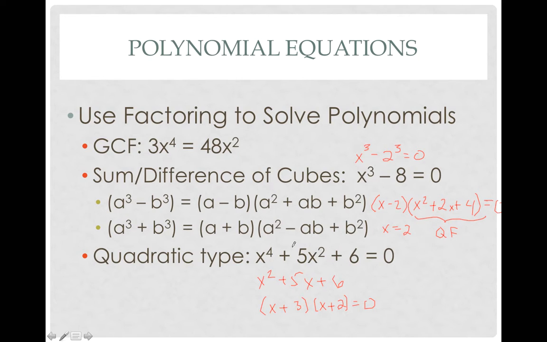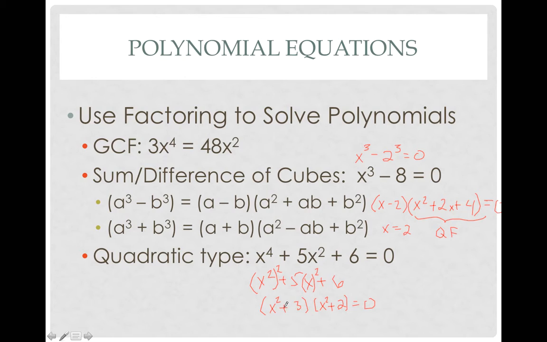Well, in this case, this is actually not x to the second. It's actually x to the fourth, which is actually something squared plus 5 times something plus 6, which means each of these are actually squares. And you can then solve this.